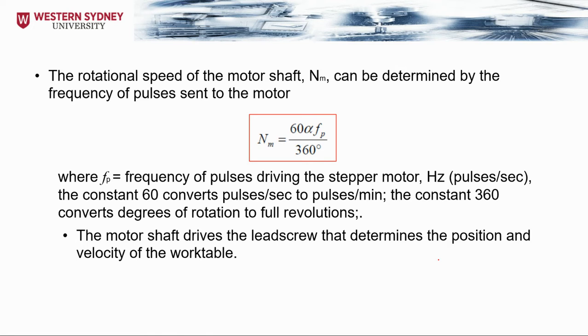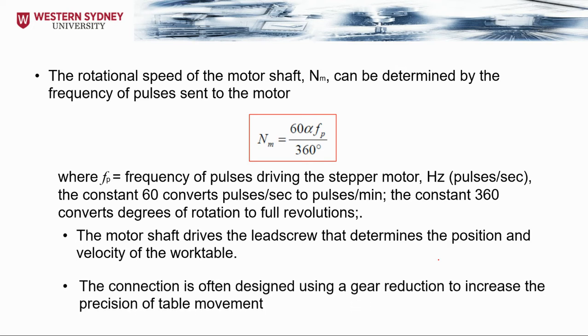So we said that we're always going to use a reduction gear to reduce the RPM, because we don't need a high velocity for the motor, but we do need a high torque. To do that, simply a gearbox is used. Something like the following: this is shaft one, and this will be shaft two as the output.